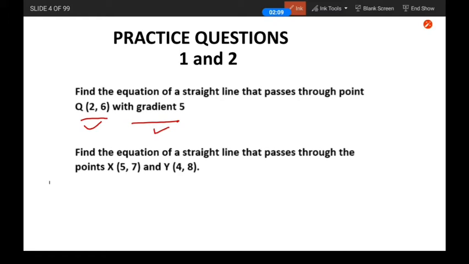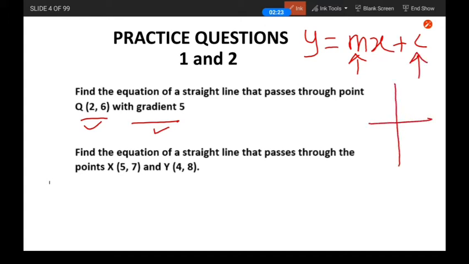The general formula for a straight line is y equals mx plus c, where m is the gradient and c is the intercept at the y-axis. So if you have something like this, this is the intercept c, while the gradient is m. Please note all this.